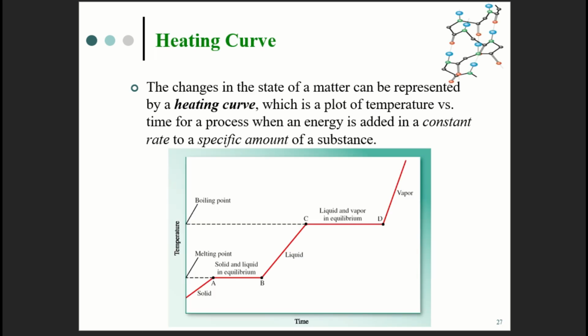The last topic that we're going to talk about is the heating curve. The changes in the state of matter can be represented by a heating curve, which is a plot of temperature versus time for a process when energy is added to a specific amount of substance. The heating curve shows us the process step by step from solid to liquid to gas.